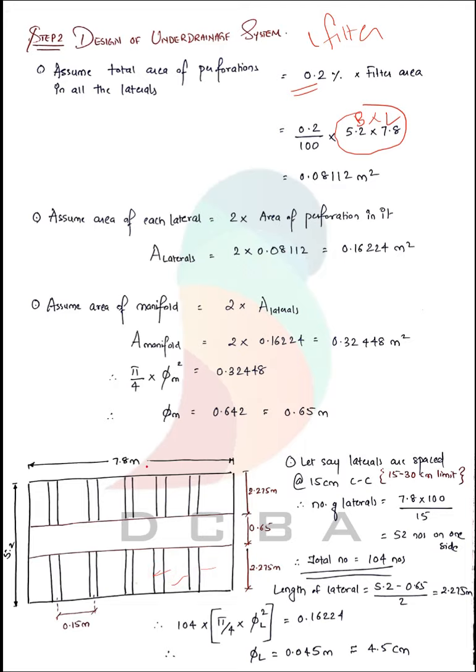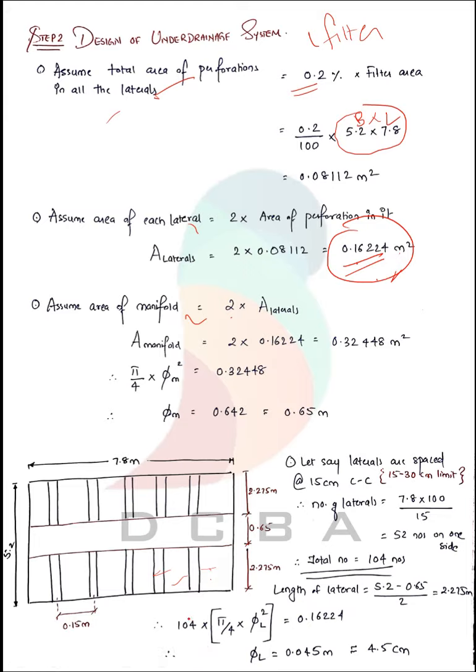On the other side again, so you have to double it. 52 into 2 is 104, total 104 laterals on both the sides together. Now we have the total area of laterals with us, which is equal to 0.16244 meters square, right? So this total area of laterals is with us, and now we have got the total number of laterals.